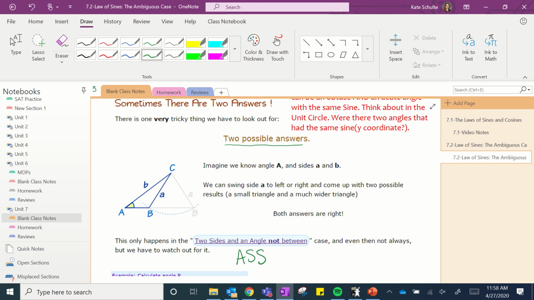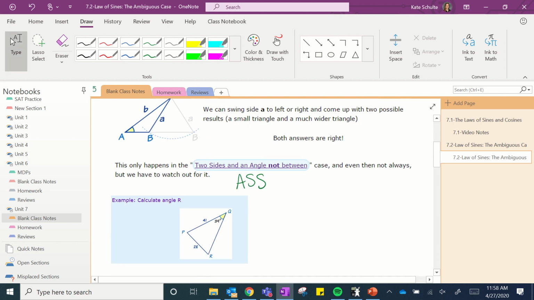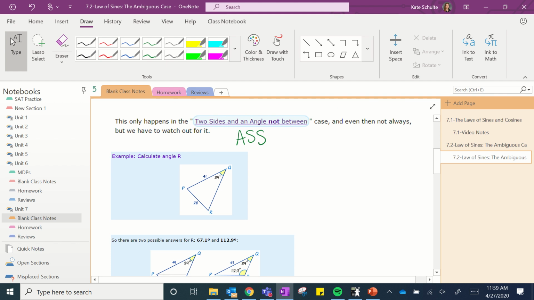You don't ever need to check this for angle, side, angle, or angle, angle, side. But whenever you have the ASS case, you have to check for ambiguous. What that means is there could possibly be two answers, no answers, or there could still just be one answer, the same as the regular law of sines. So let's look at this one here.